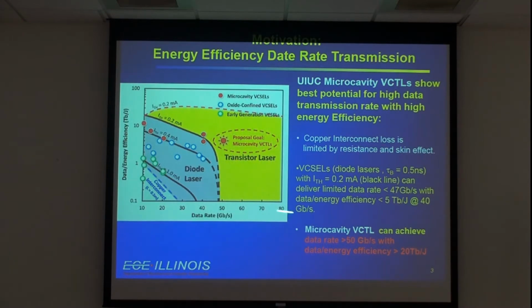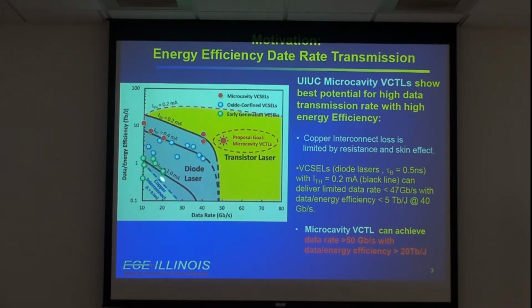As you can see in this chart, the x-axis is data rate, gigabits per second. The y-axis is energy efficiency, that means how much data you can transmit per joule. So this is the criterion we are looking at.